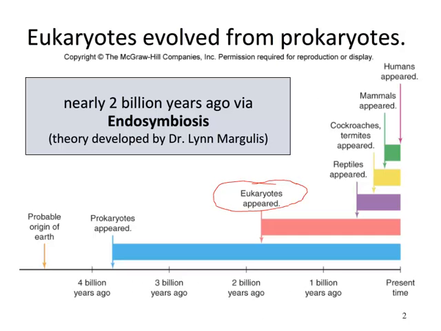Eukaryotes evolved from their precursors, the prokaryotic cells, and all of this happened about 2 billion years ago in the process called endosymbiosis, the theory that was first brought forth by Dr. Lynn Margulis.